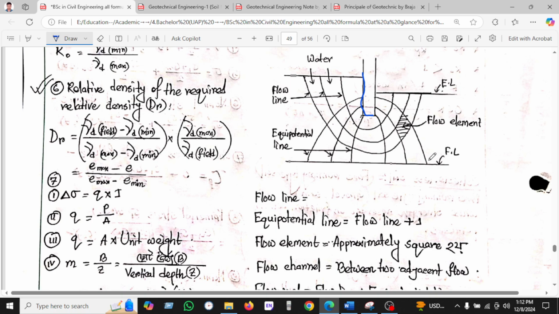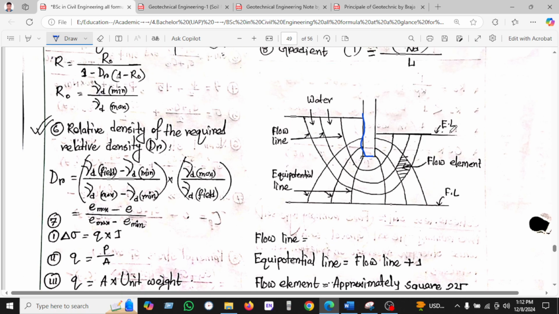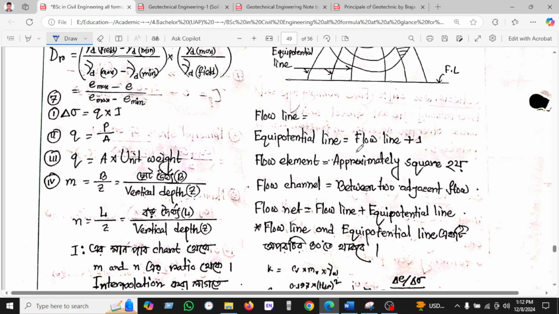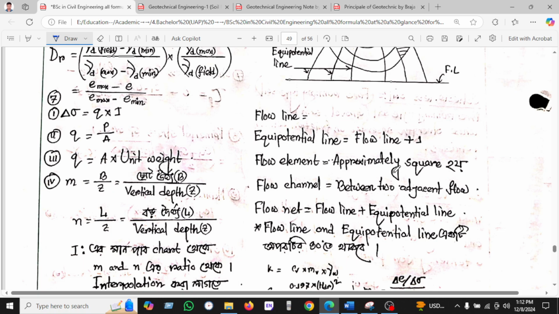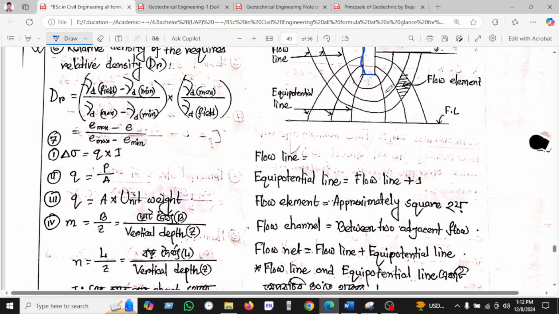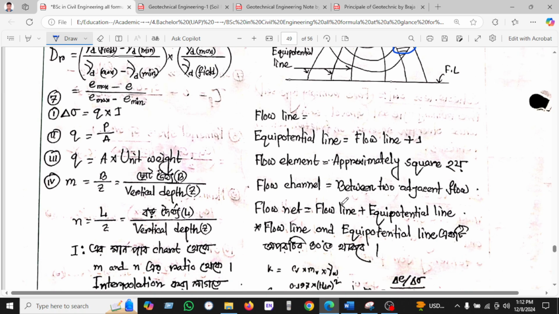This is the flood level, and this is the elevation level. So equipotential lines equal flow lines plus 1, and the flow element is approximately square. The flow channel between two adjacent flow lines is flow line plus equipotential line.